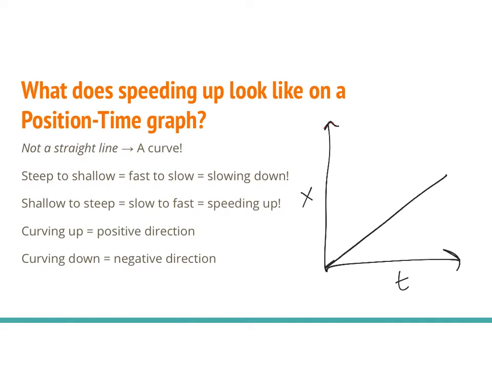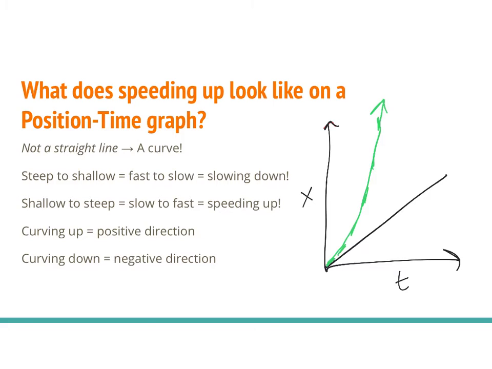I'm going to do this with a green line. So I'd start off at some speed, and then I'd have to get a little bit steeper every second, because a little bit steeper is a little bit faster. And if you put all those lines together, you get a curve. So speeding up looks like curving up.